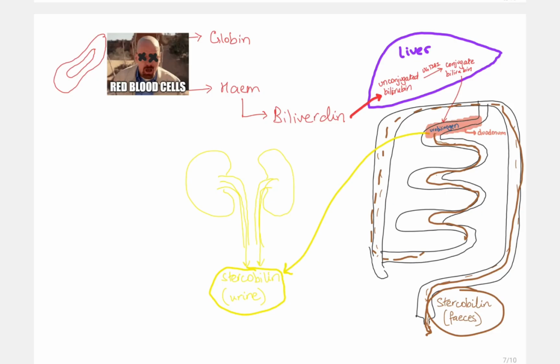Most of it goes into the rest of the body, but some of it ends up staying back and gets reabsorbed in the kidneys. And this is the distinct chemical and the distinct substance that gives poop its brown color and gives urine its yellow color.